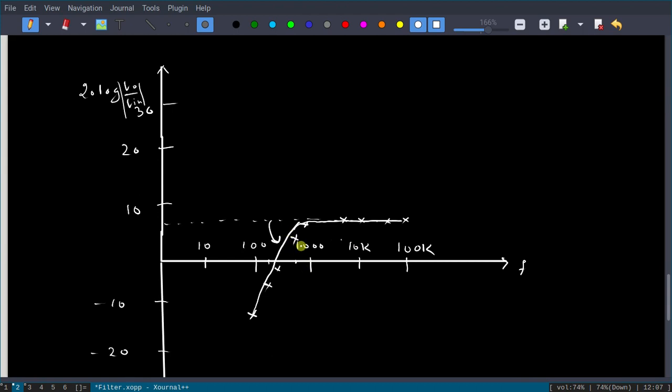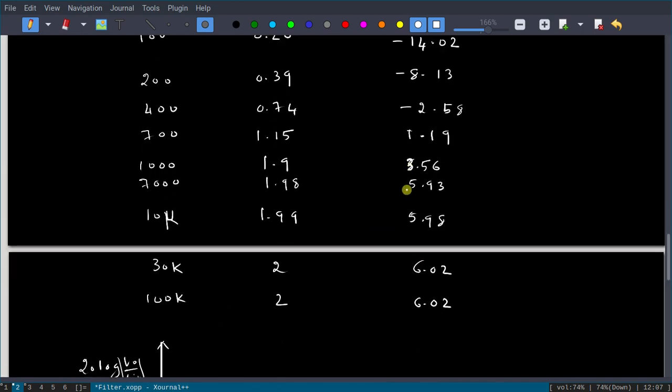Cutoff frequency is approximately here, it is 3.56, and at maximum gain it will give 6. So at cutoff frequency your gain is maximum minus 3 dB. Maximum gain is 6, but you are getting 3.56.